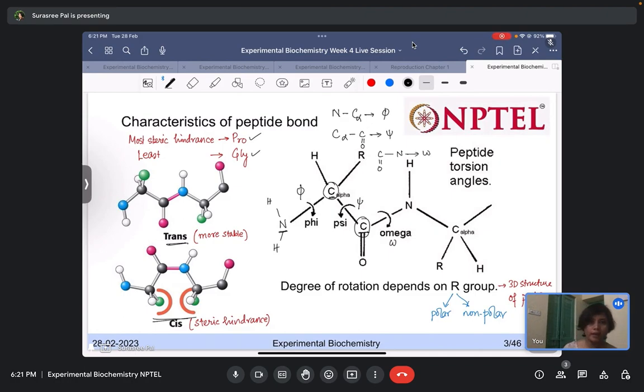And the other angle, which is actually the rotation of the peptide linkage itself, the CONH, is measured by omega. So we have three angles here: phi, psi, and omega.